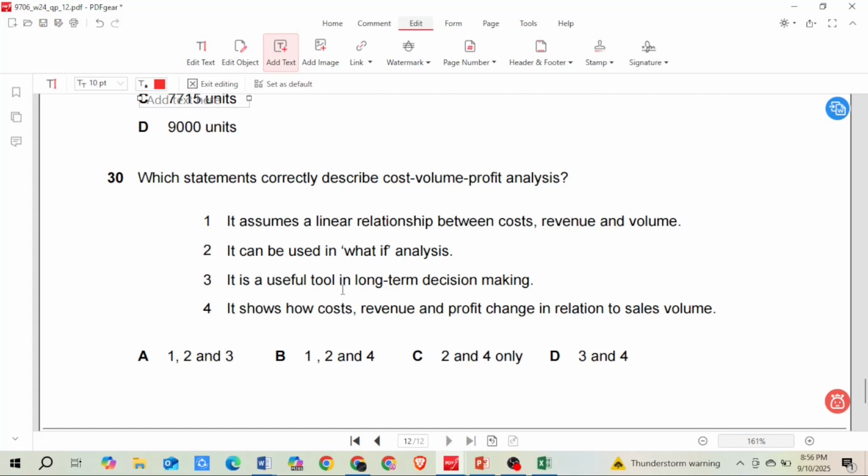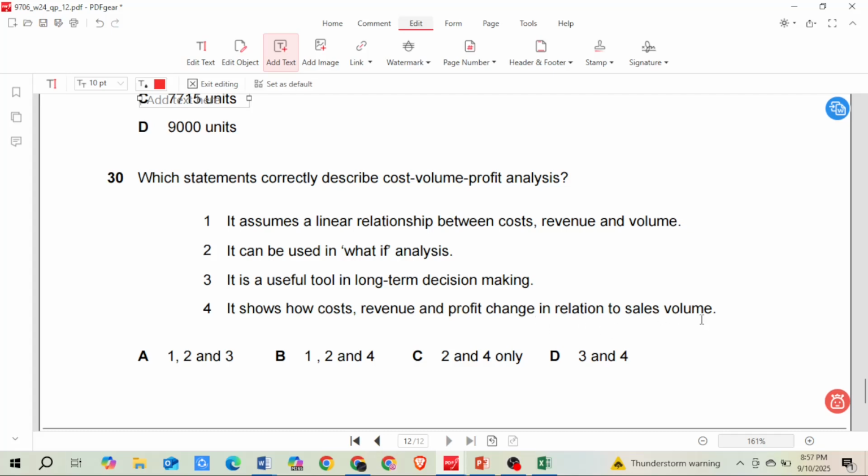Number three says it is a useful tool in long term decision making. Cost volume profit analysis is actually a tool for short term decision making. So number three is not the right option, and it is not a correct statement for cost volume profit analysis. And the last one says it shows how cost, revenue, and profit change in relation to sales volume.